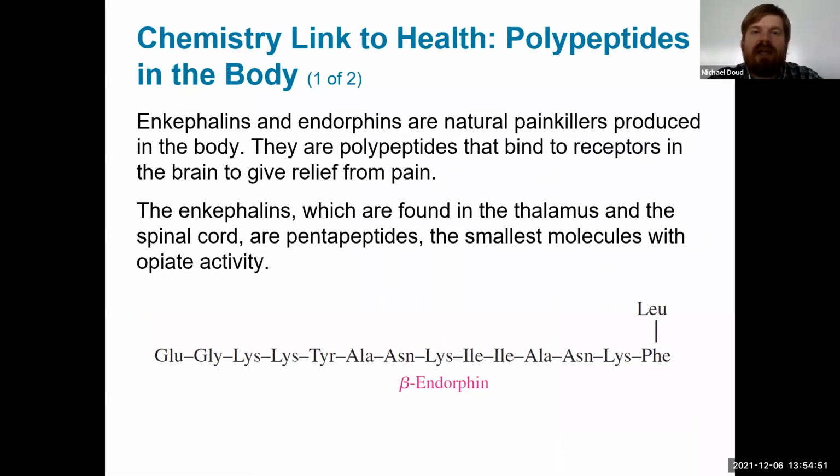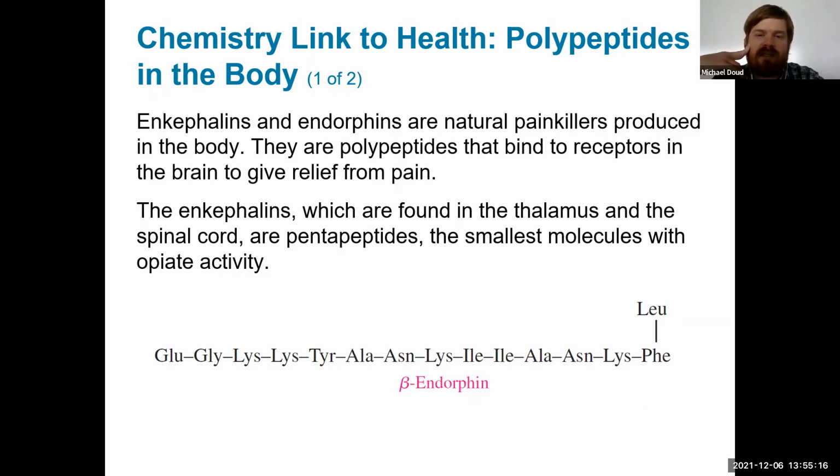Okay, so let's go ahead and talk about how this links to health. So polypeptides, remember, this is going to be anything that's less than 50 amino acids. We have 2 different types of natural painkillers called enkephalins and endorphins. Both of them are polypeptides, and they have particular receptors in the brain that basically shut off our pain response.